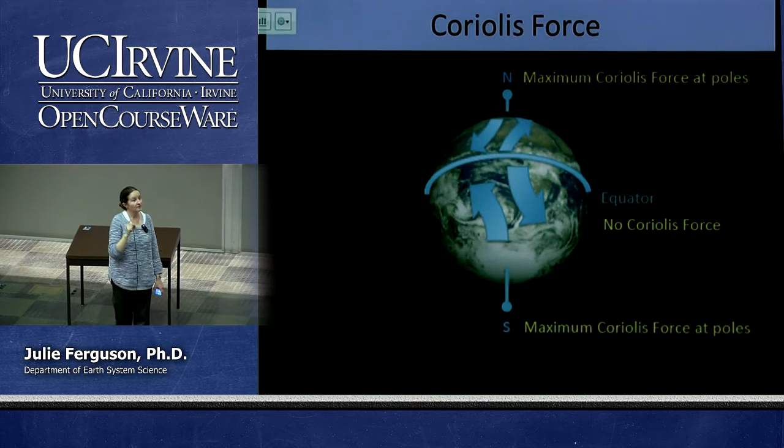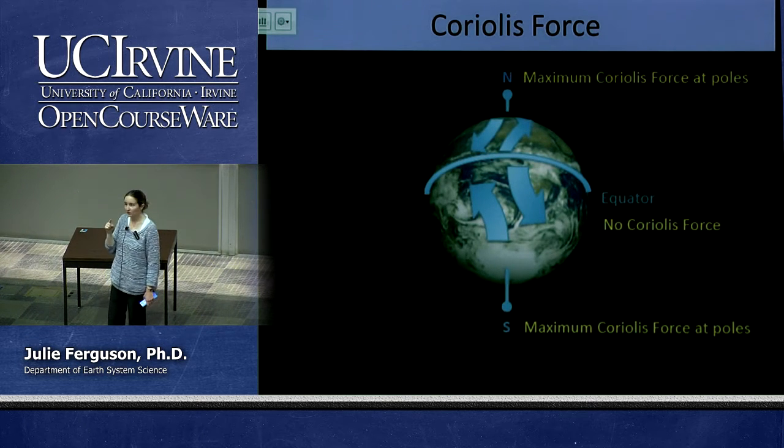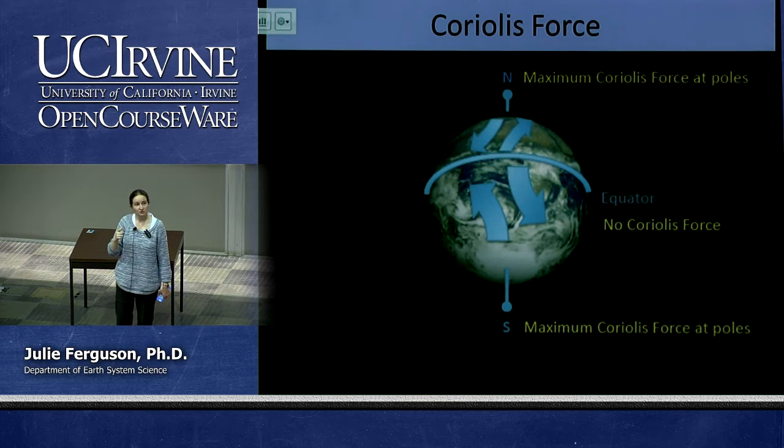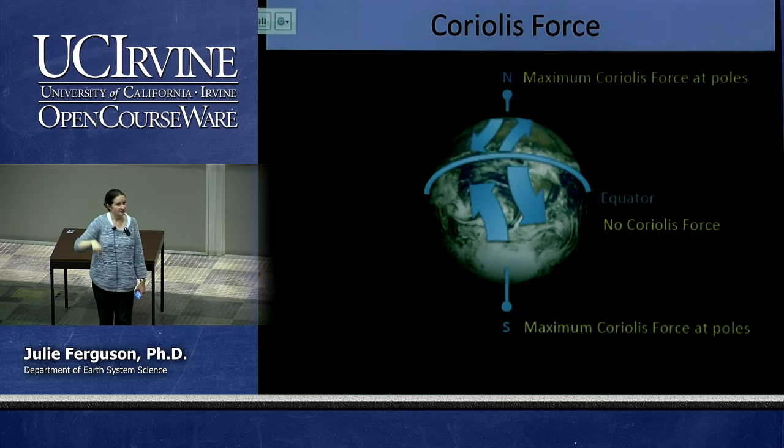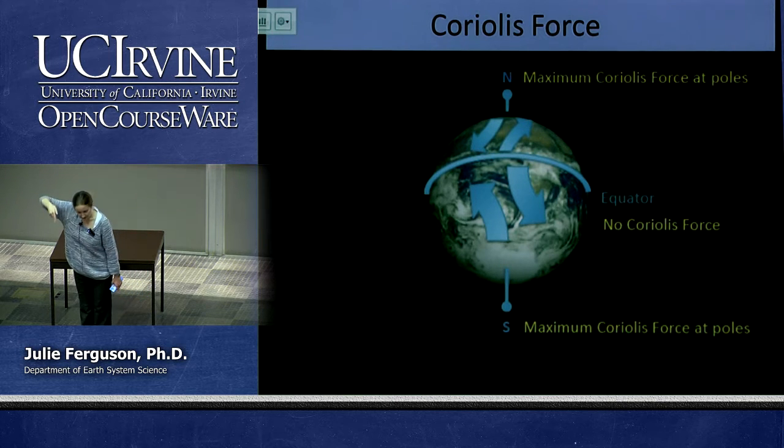Okay? But remember, you always have to look along the way you're traveling. So if you now look at something that would be traveling from the North Pole towards the equator, it's coming in this direction. Which way is it being deflected? To the right still. Okay? If you look down in the direction of the arrow, always look along the arrow, it's actually going to the right.